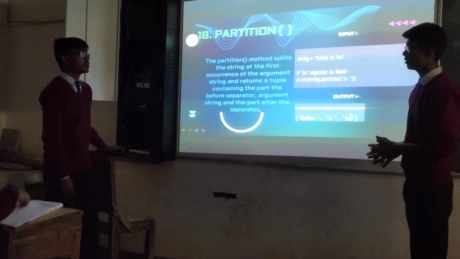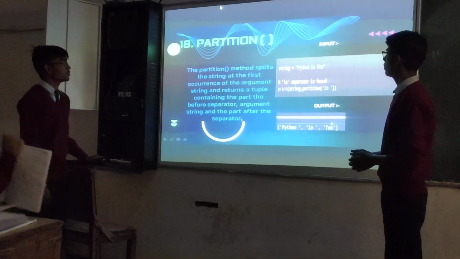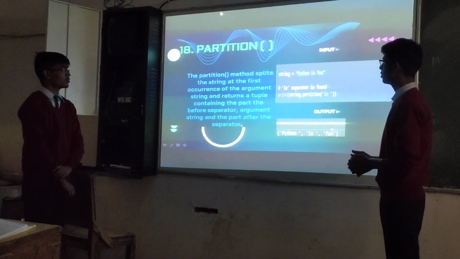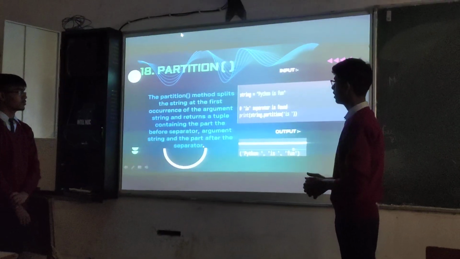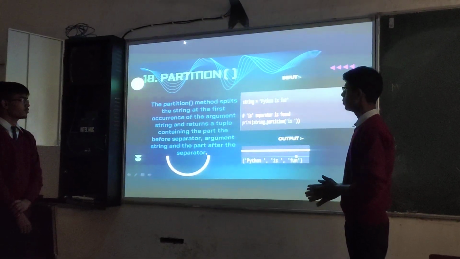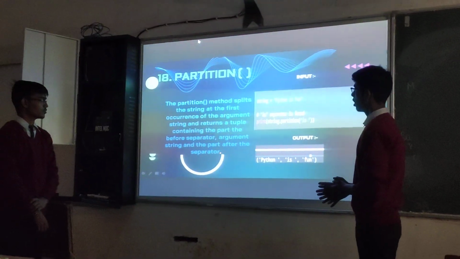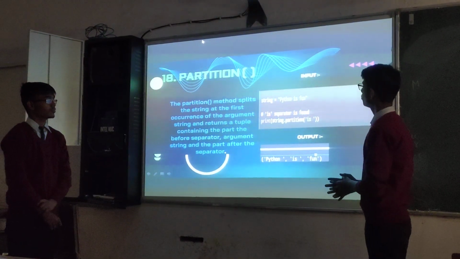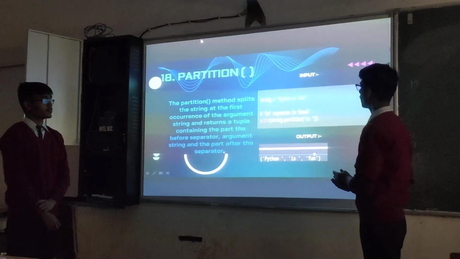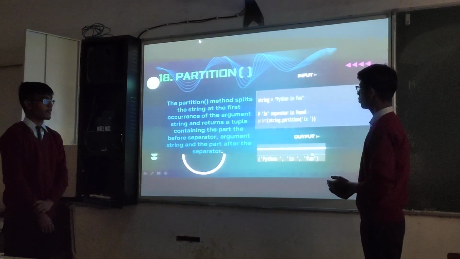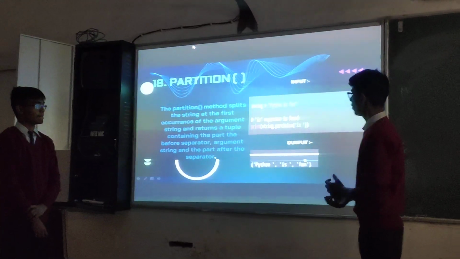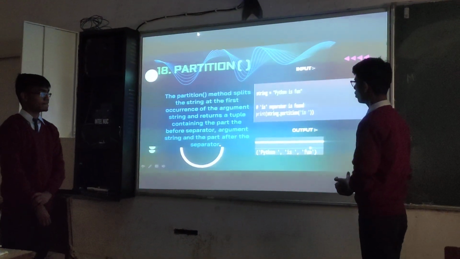Our 18th and last method is the partition method. The partition method splits the string at the first occurrence of the argument string and returns a tuple containing the part before the separation, the argument string, and the part after the separation. Here we can see an input string is equal to Python is fun, and we suppose the separator is 'is', and we have to find where this separator is located.